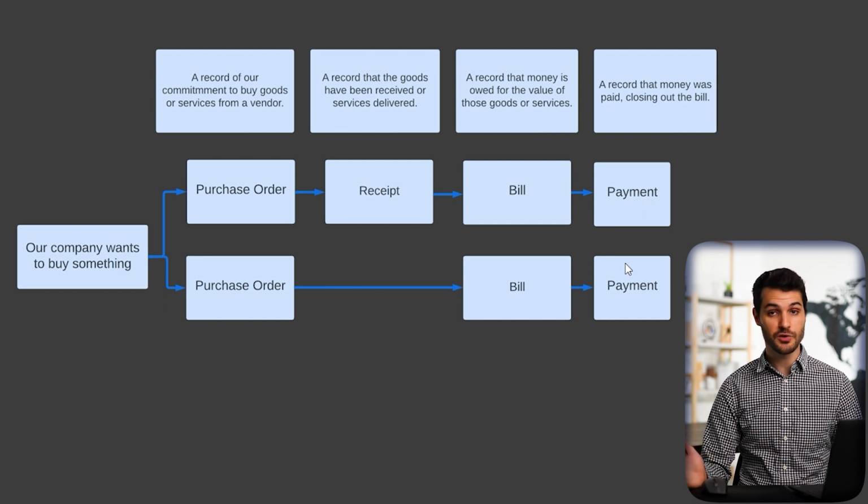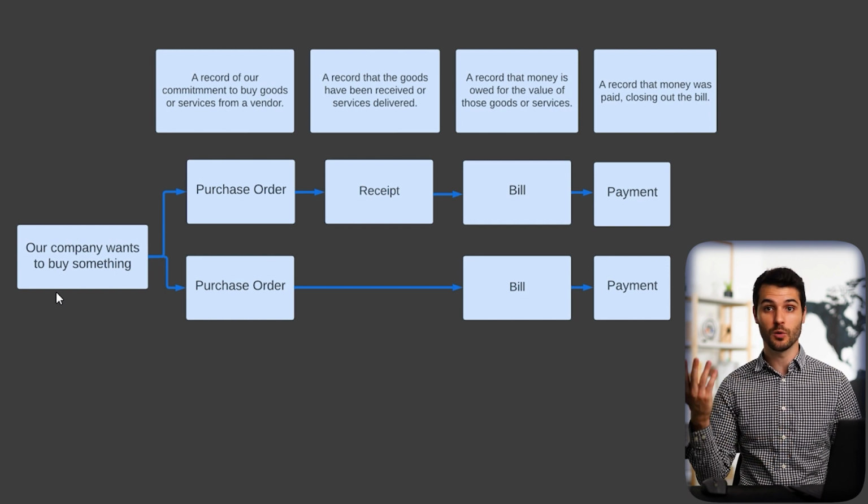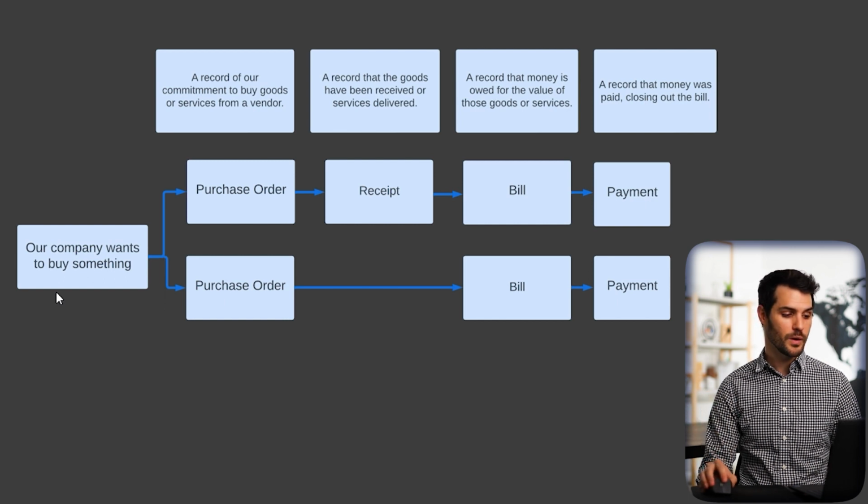An additional pattern is, let's say, for things like utilities or services that are recurring payments, and again, not necessarily something where we're receiving something physically, but let's say we're paying for the electricity and the lights. In that case, our company wants electricity and power, so that's something we need. And we don't draw up a purchase order every month, or at least you don't have to.